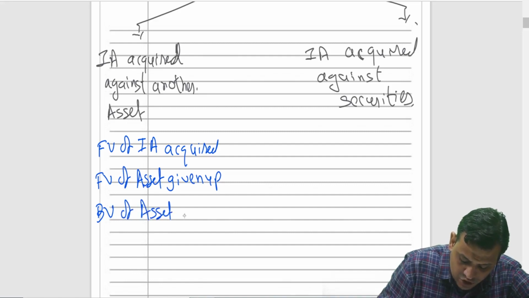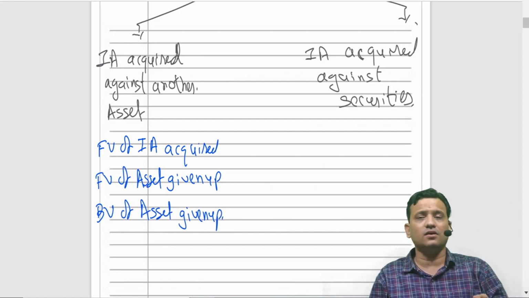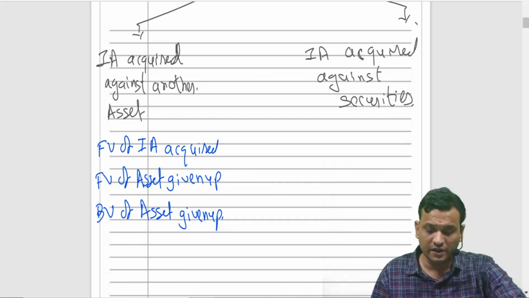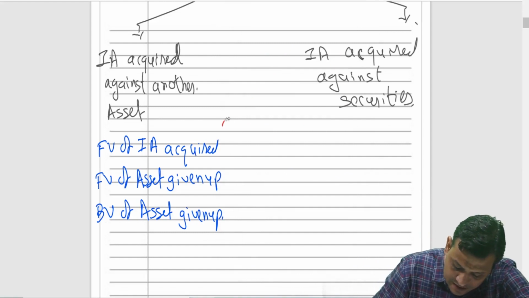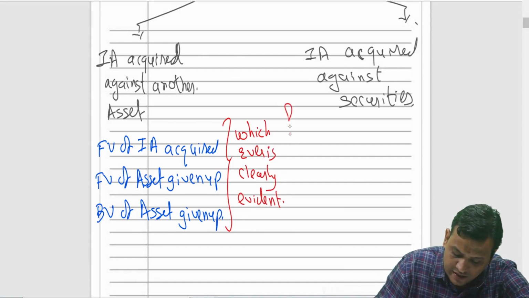So either the fair value of the intangible asset you get, or the book value of the asset given up. It is not whichever is higher. The standard says whichever is clearly evident.